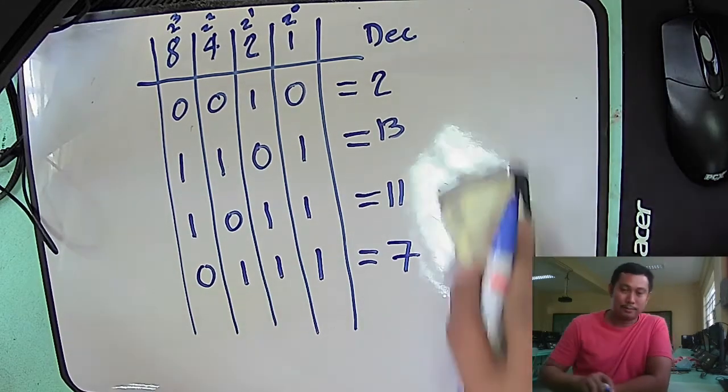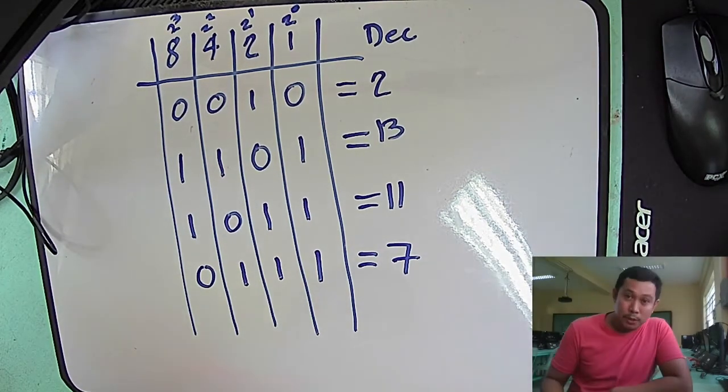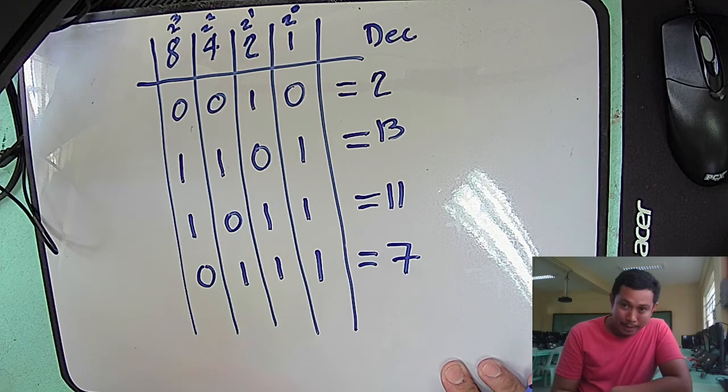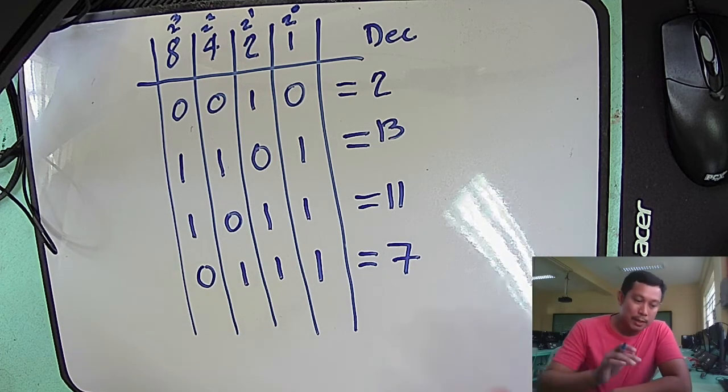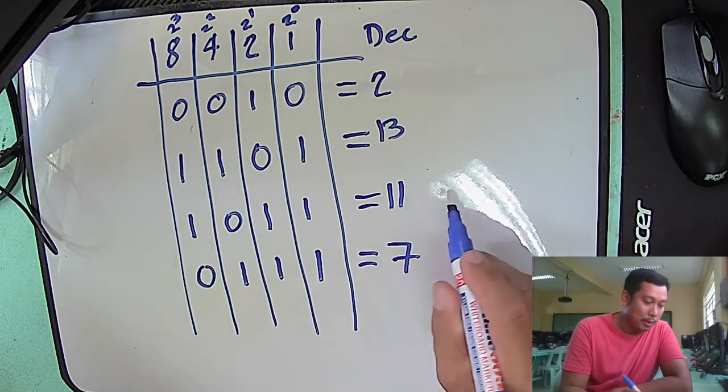Now let's check, or let's do the previous process that we earlier did, wherein what we're going to do is multiply by 2 to the power of the bit. So, how am I going to do it?